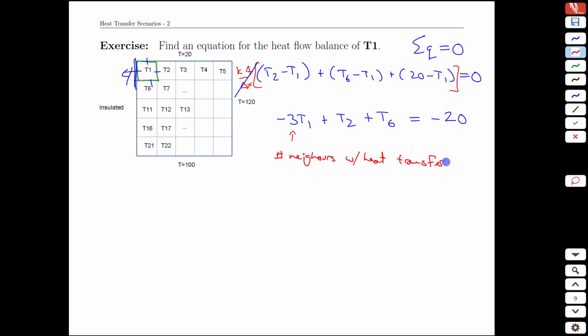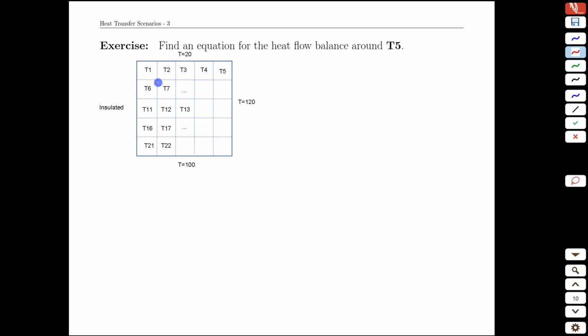For this particular cell, we do not have any heat transfer through the insulated wall, so we only have 1, 2, and 3 neighbors. That's why we have a negative 3 for this particular cell, balancing the heat in and out of cell 1. Let's take a look at one other border situation, one other border case, T5.